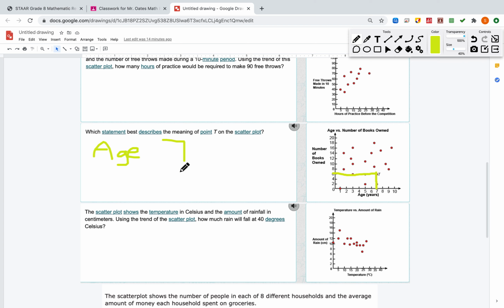It's saying that the number of books owned is 6. Now the answer for this one should be that a student who is 7 years old owns 6 books.